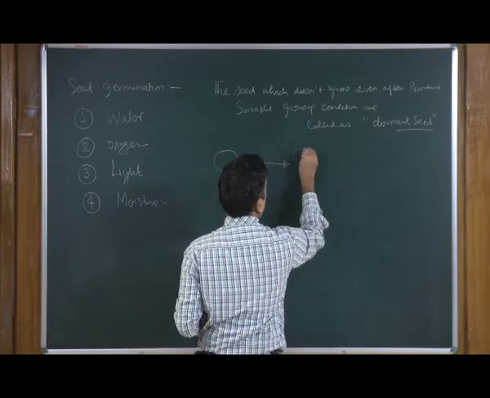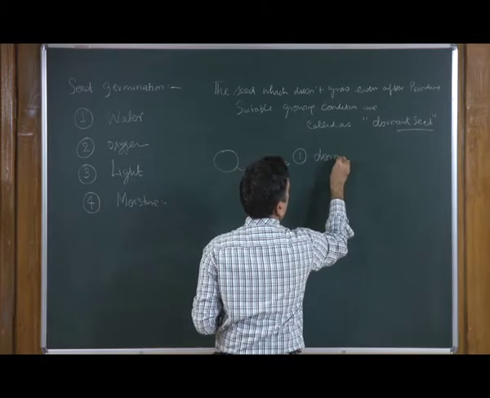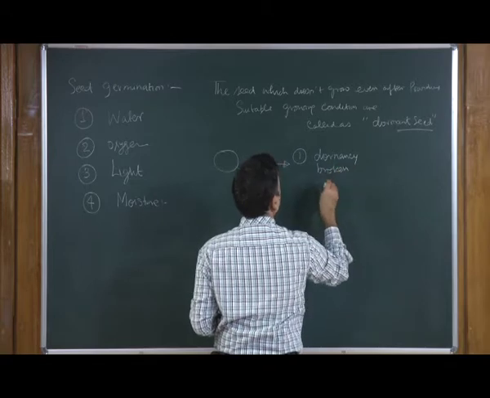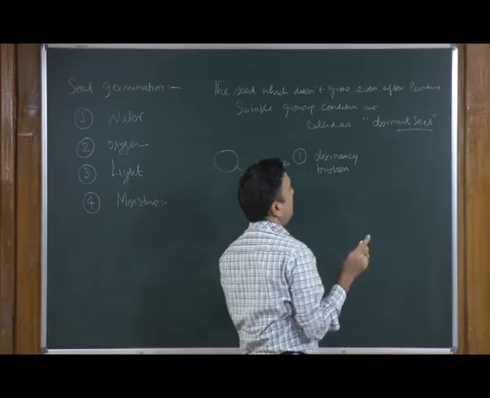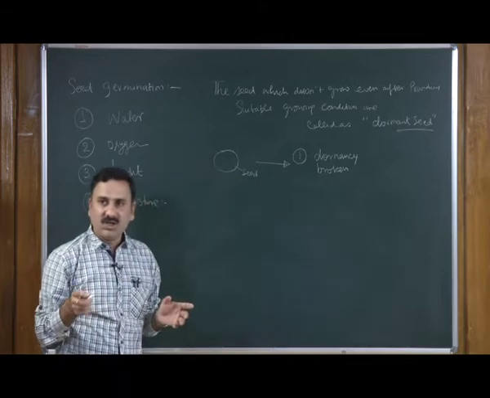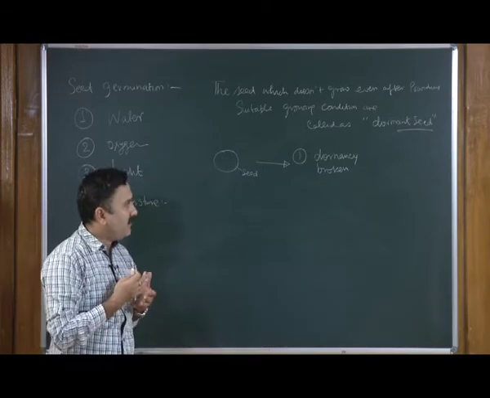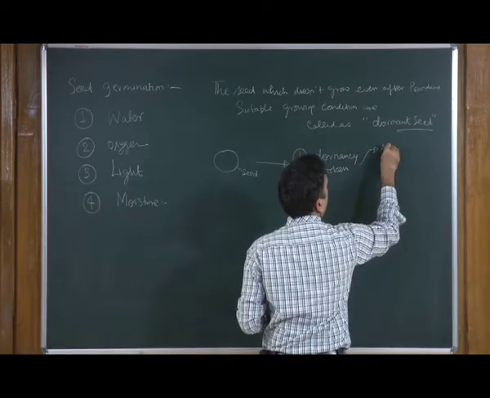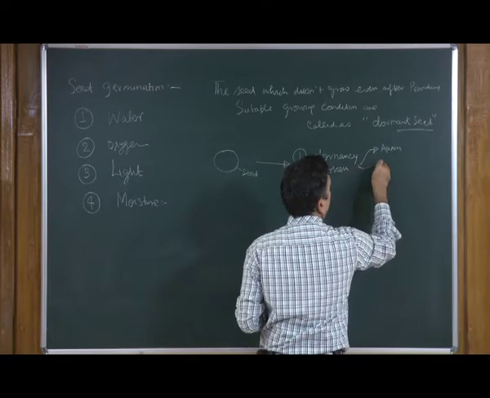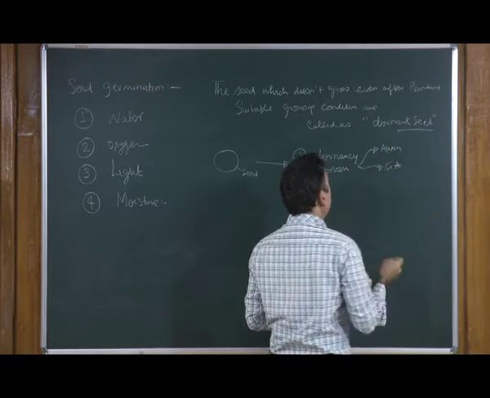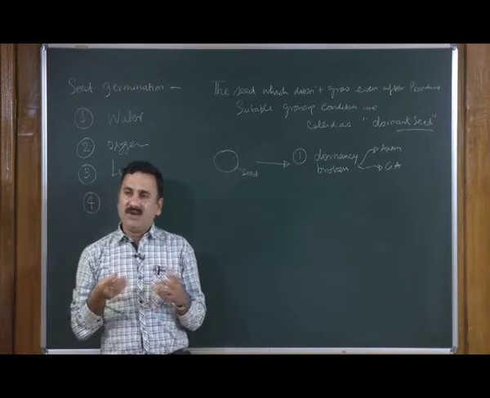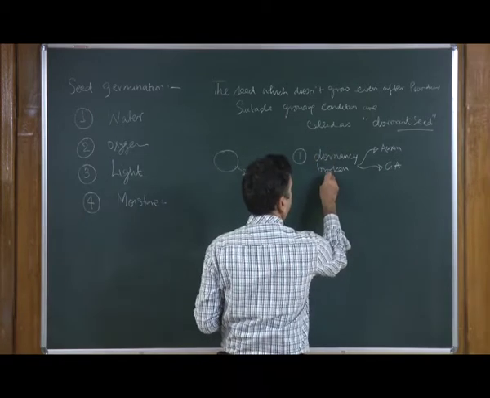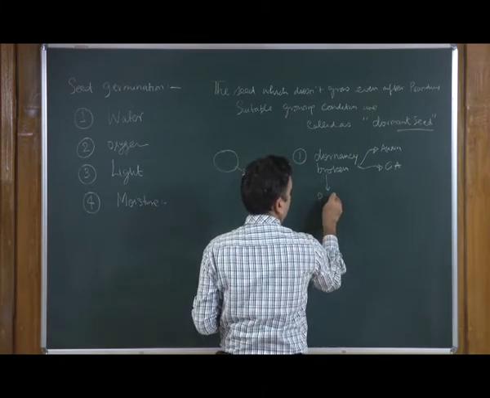This means the conditions keeping the seed dormant are removed, and this is done by a very high concentration of oxygen and gibberellic acid. Once the dormancy is broken down, that will activate the proteolytic enzyme.